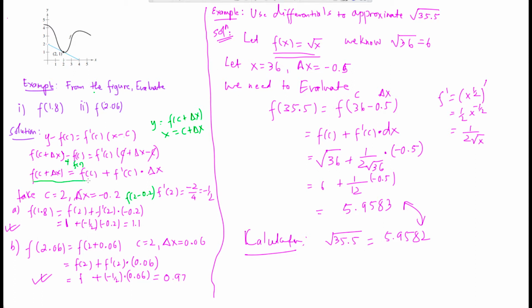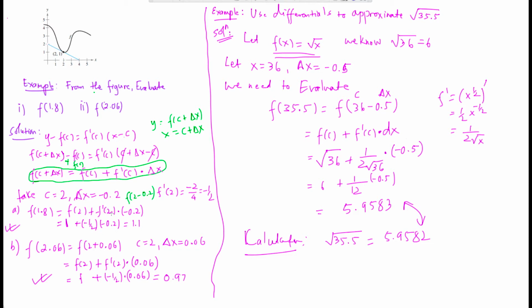So f(1.8) is f(2 minus 0.2). The formula is f(c) is f(2), plus f prime of 2 times delta x, which is negative 0.2. That is f(c + delta x).